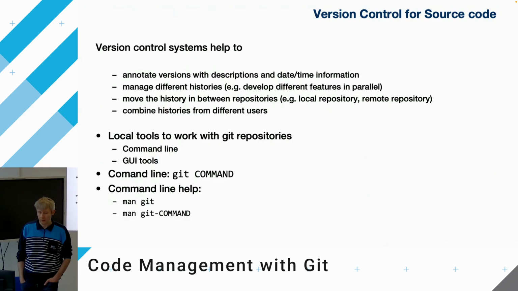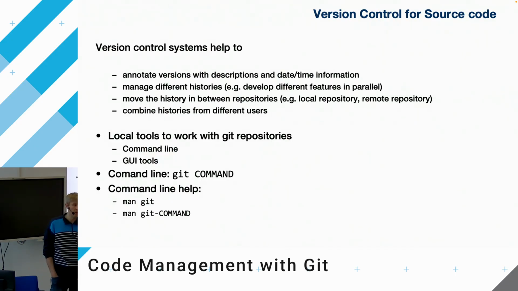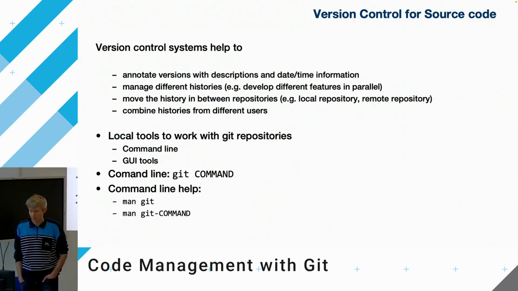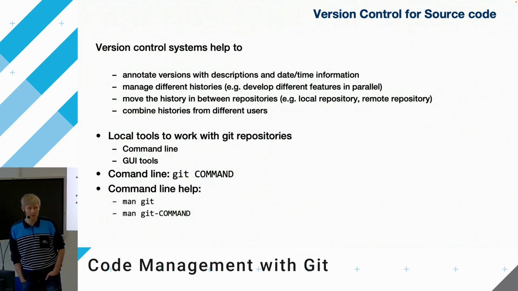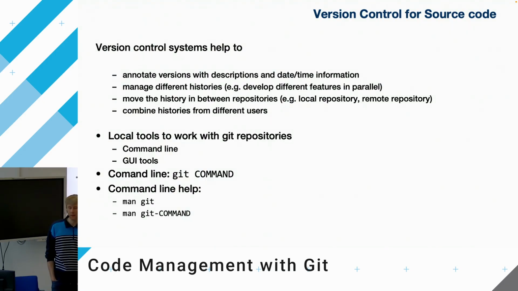And as explained, we will use Git for this, and we will do it on the command line. So you could also do it on the cluster on the command line if you want to. Locally, maybe you can use the command line or some GUI tools, but if you're using a terminal, then it's simply easier to use the command line.